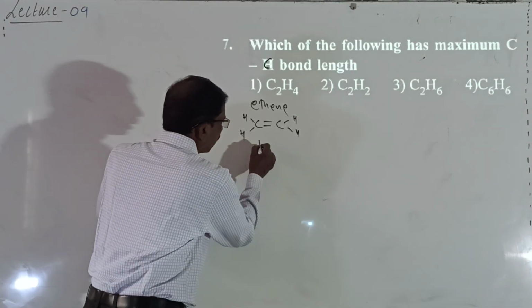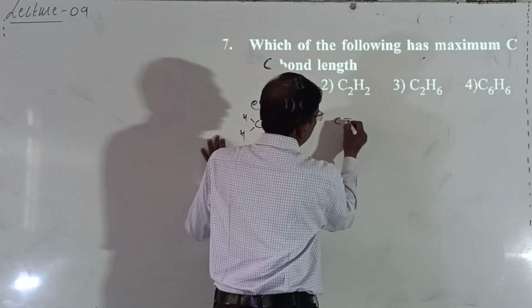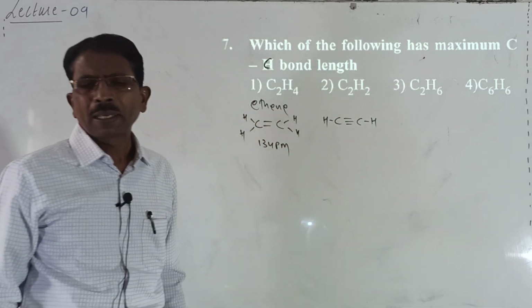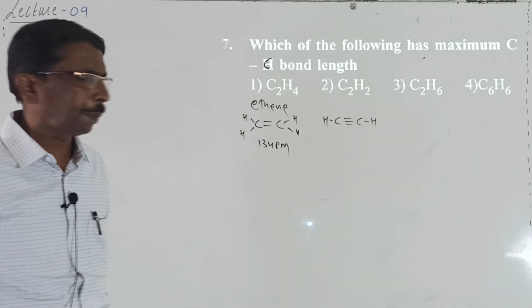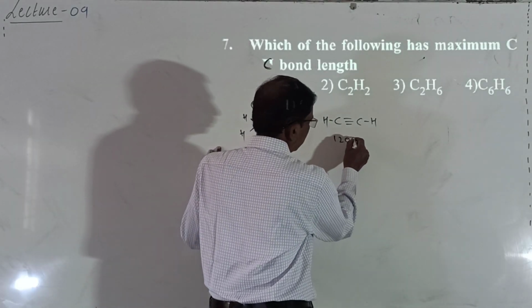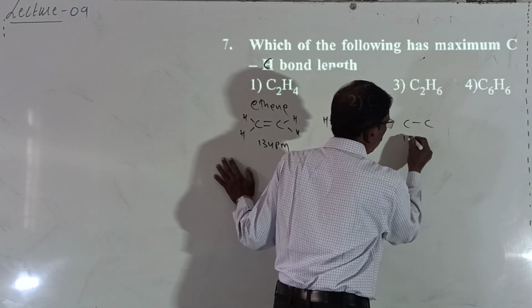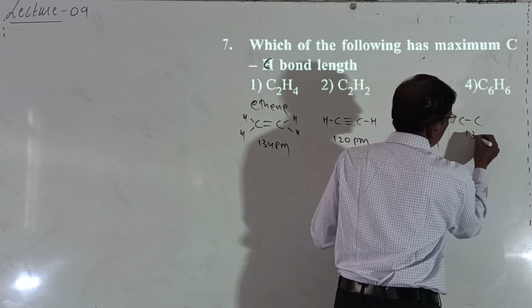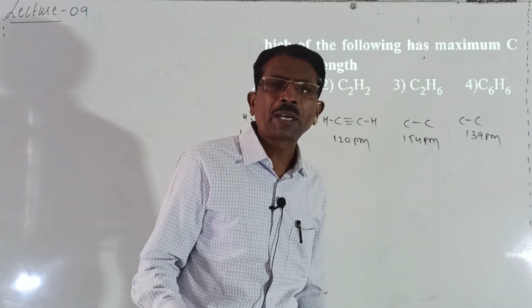It is 134 picometer. And ethyne has a carbon-carbon triple bond. What is the carbon-carbon triple bond length here? 120 picometer. And the carbon-carbon single bond is 154 picometer. And benzene carbon-carbon is 139 picometer, intermediate between the single and double bond.